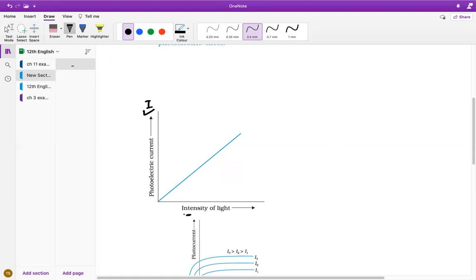You can conclude from the previous experiment that if I keep the frequency and electric potential constant, then there is the I versus I graph, intensity versus photoelectric current. Intensity is also I, that is why they have mentioned the full nomenclature.